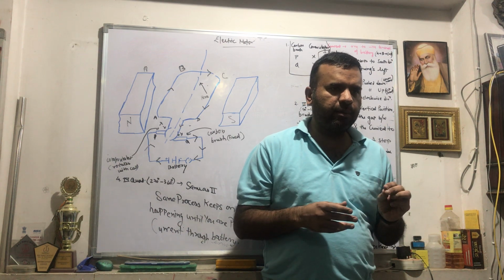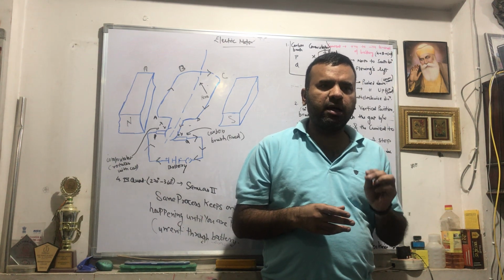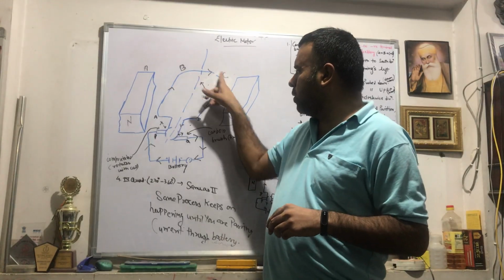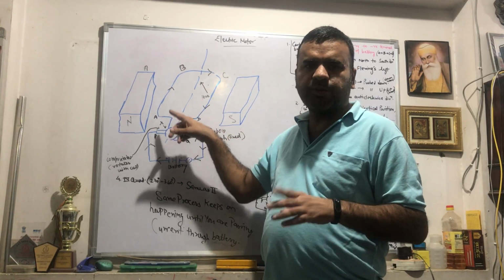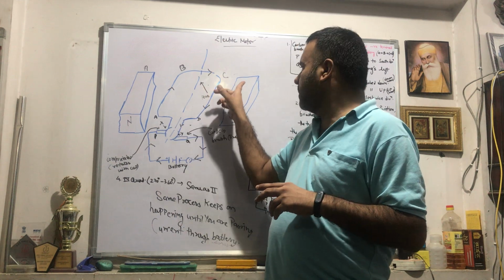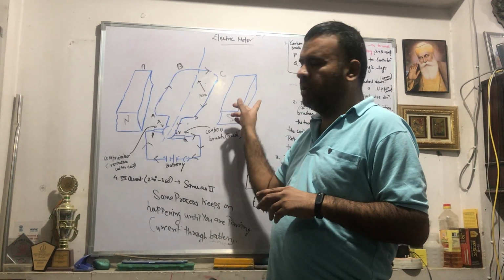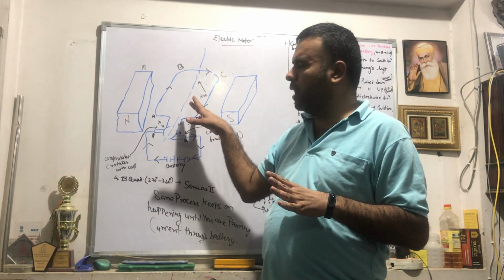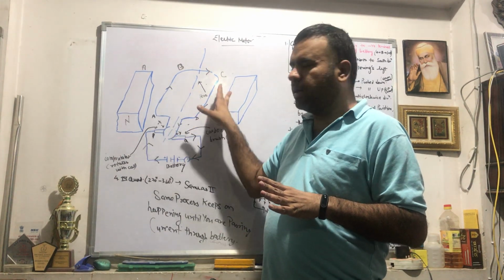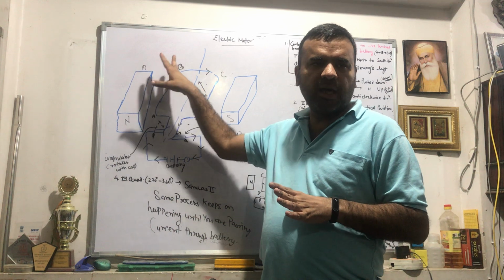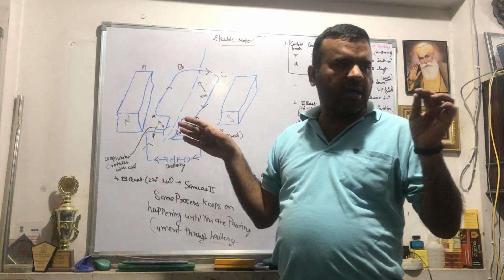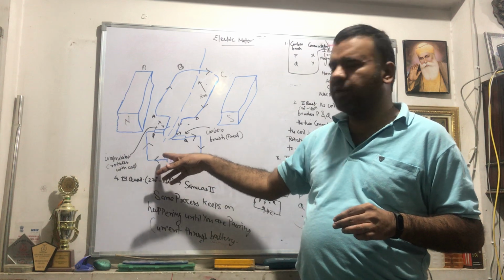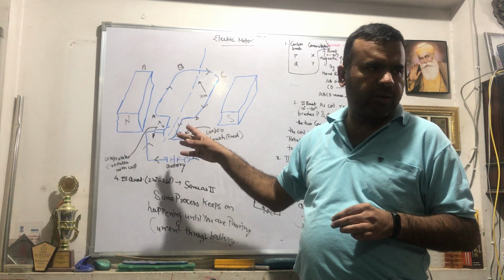I'll repeat again. If a current carrying rectangular coil, as you can see, current carrying rectangular coil is ABCD. It is placed in a magnetic field. That is a U-shaped magnet which is creating magnetic field around the rectangular coil. It is a current carrying rectangular coil because supply of current is given with the help of this battery, right?